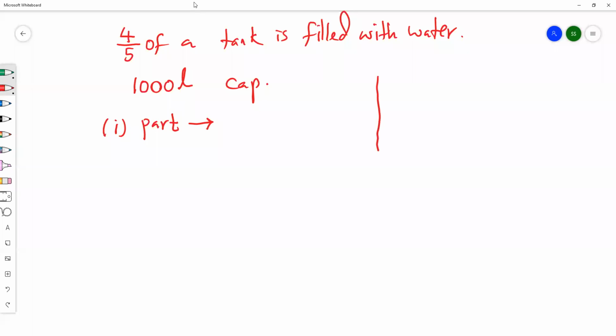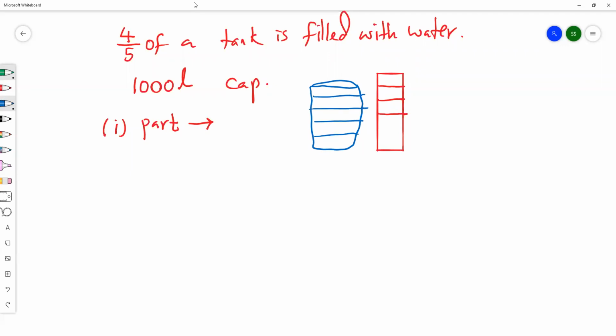The tank is divided into 5 equal parts. Nice tank. 1, 2, 3, 4, 5. 5 equal parts. We will take the cylindrical tank. 1, 2, 3, 4, 5. 5 parts.